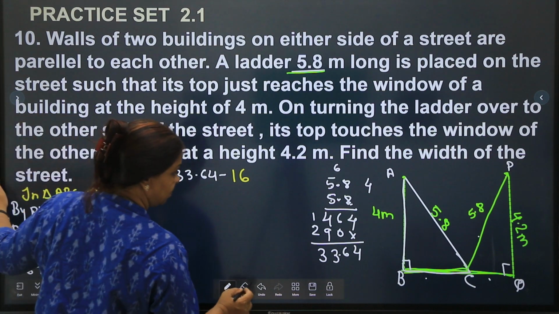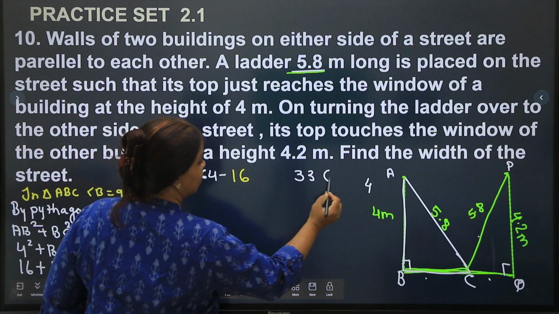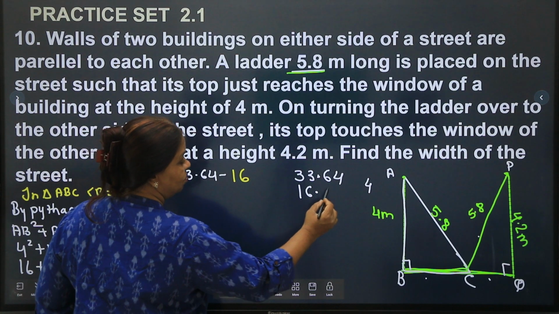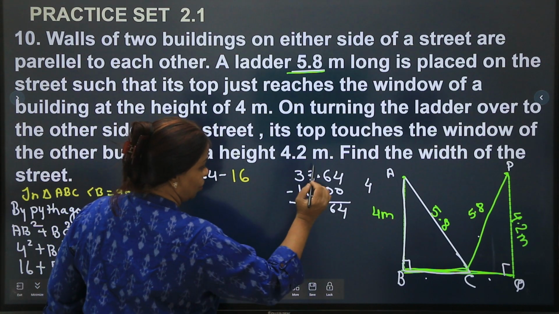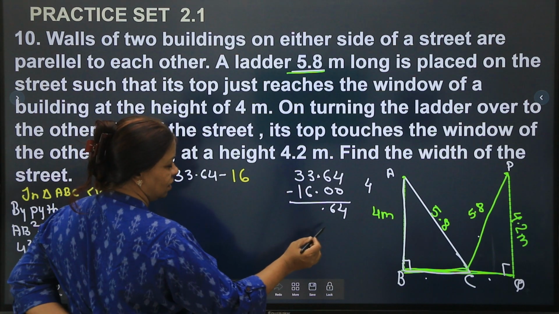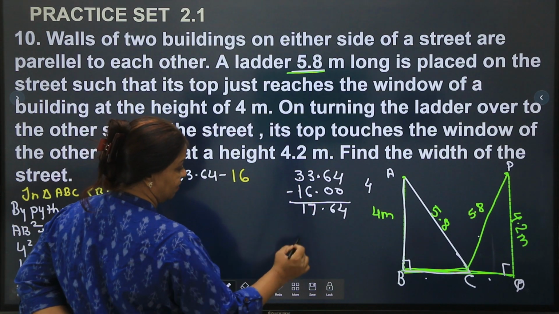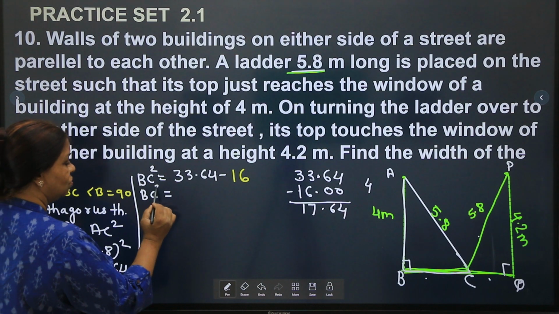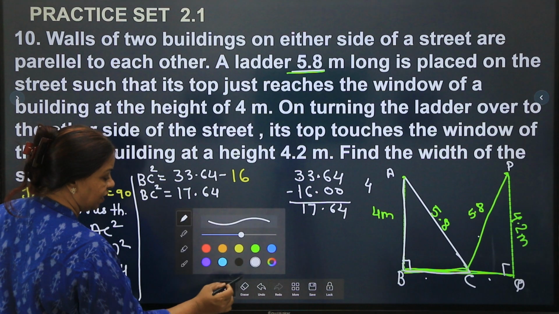Now how to do the subtraction, children? 33.64 minus 16, 16 I will write here, then 0.00, subtract it, 4, 6, 13 minus 6 would be 7, 2 minus 1 will be 1. So BC square is equal to 17.64.